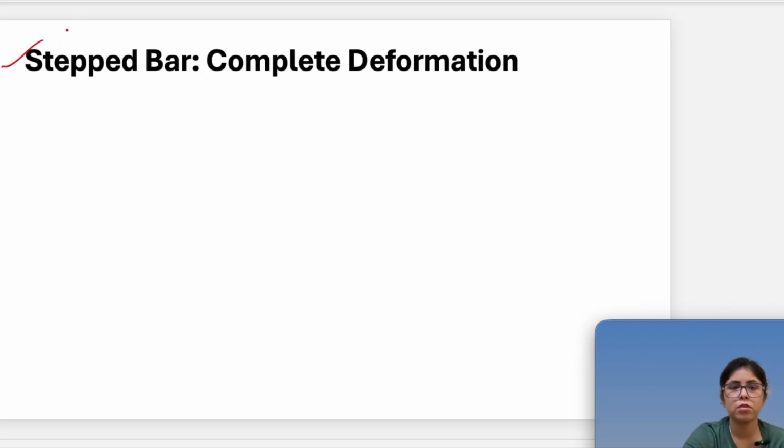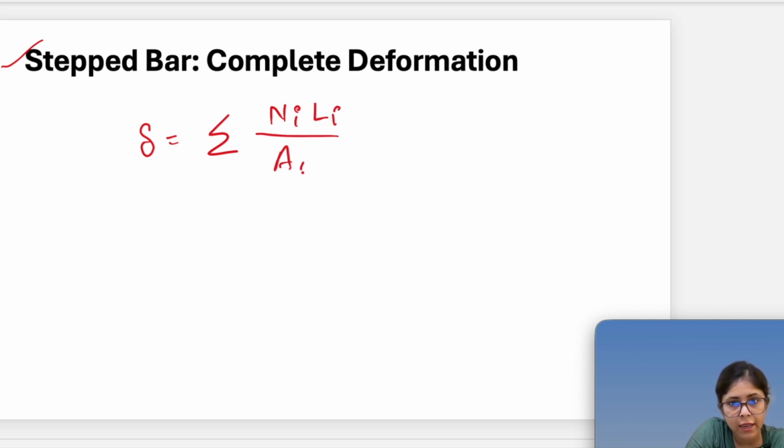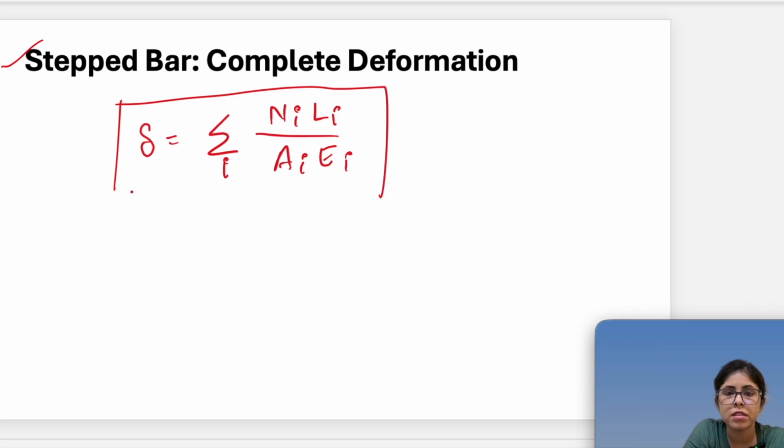So it is the total algebraic summation, right? We can generally say that delta will be the summation of Ni Li upon Ai Ei, right, from i equals 1 to n. So this is the stepped bar's complete deformation.